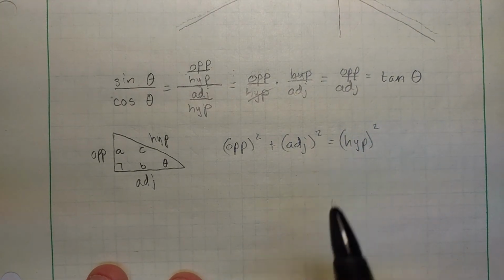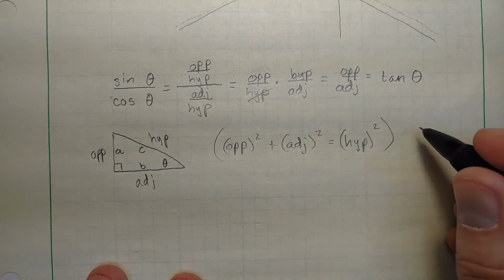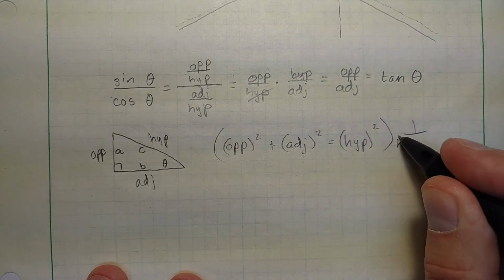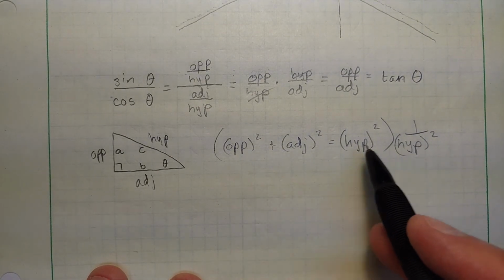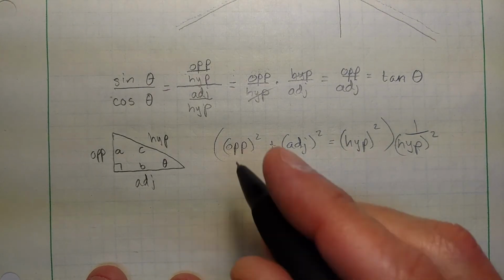But since this has an equals here, let's multiply the whole thing by 1 over the hypotenuse squared. This distributes into each thing, and I can do that because I'm doing it to both sides, so it's still going to stay equal.